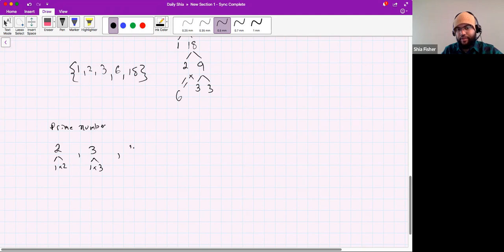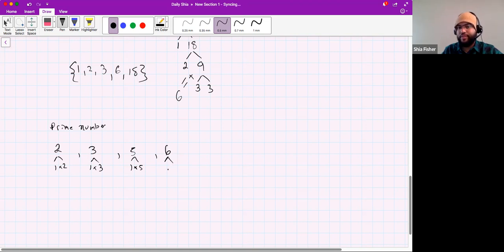What about 4? No, not really, because you could have 1 and 4, which follows this pattern, but you could also have 2 and 2, and that would also give you 4. So 4 is not a prime number. What about 5? Yeah, 5 is one of them. There's no other way to give you products of 5 other than 1 and 5.